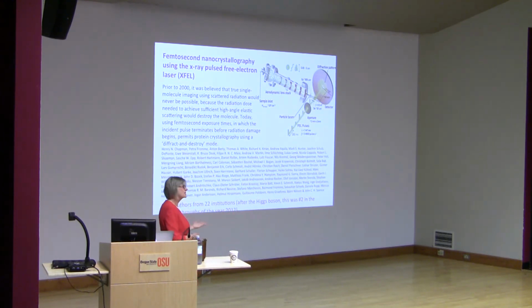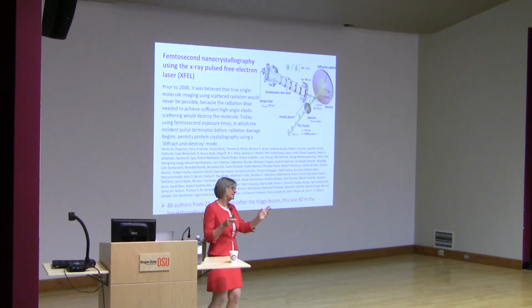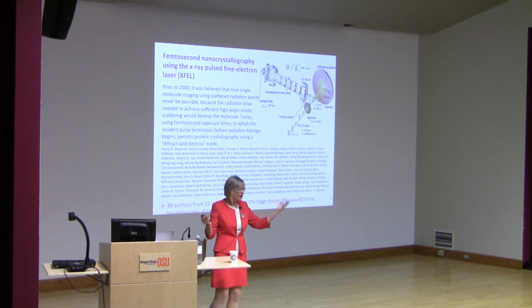And it was interesting when I first learned about this that it was thought that if you would use these very high laser pulses, you would destroy your material before you could collect data. And it was actually maybe some stupid experimentalist who said, why don't we just try and look? And when they looked, the data was still there.